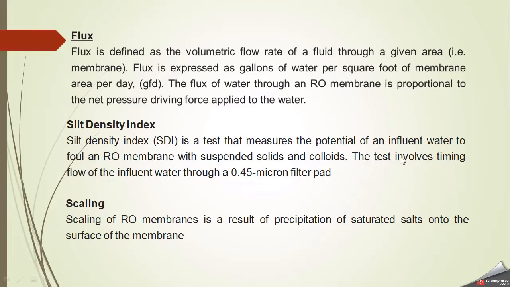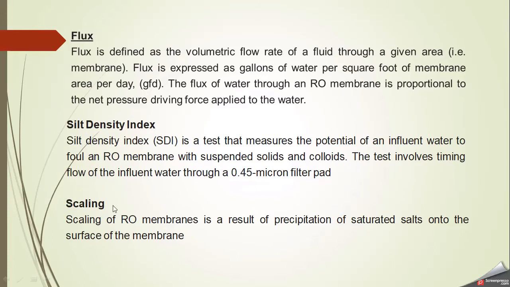Basically in this test, the flow rate of the influent water through a 0.45 micron filter paper is used, and the time of the flow, and also the colloids or anything stopped on the surface of the filter paper are observed. Maybe in one of our next videos we will explain this silt density index test in detail.